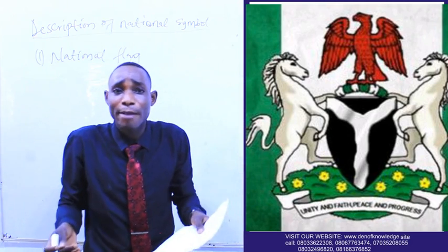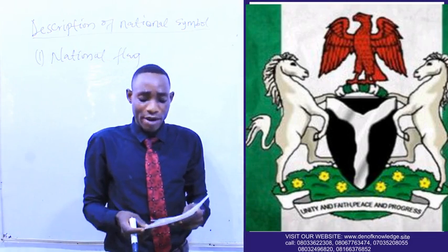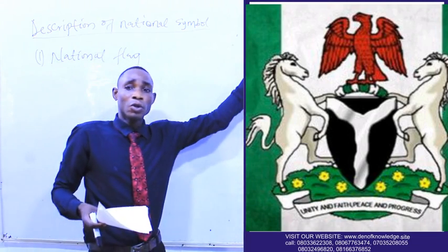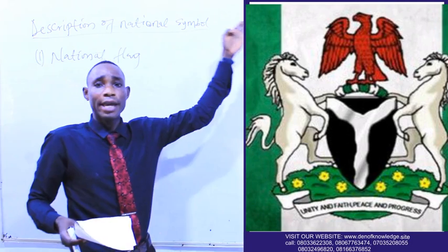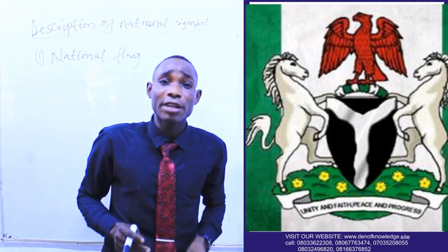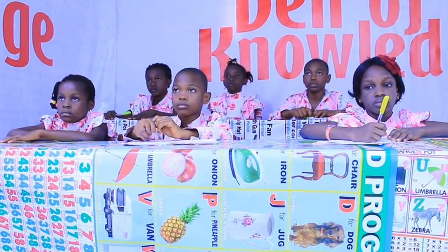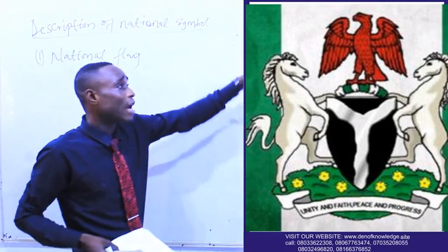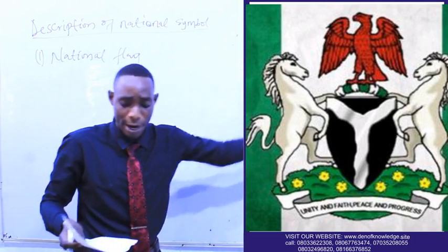Now let us describe the Nigerian coat of arms. If you look at it, you will see the eagle there. The eagle on the Nigerian coat of arms stands for the strength of Nigeria.